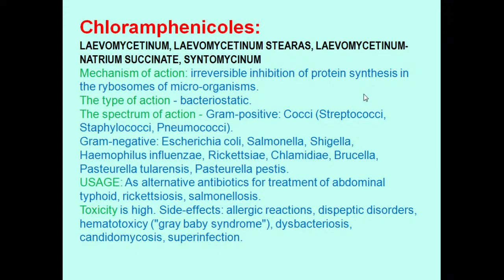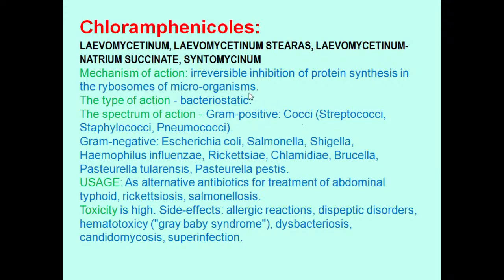Mechanism of action: irreversible inhibition of protein synthesis in the ribosomes of microorganisms. Type of action: bacteriostatic. Spectrum of action: gram-positive cocci, gram-negative Escherichia coli, Salmonella, Shigella, intestinal group. Also Rickettsia, Chlamydia, Brucella, Pasteurella tularensis, Pasteurella pestis.